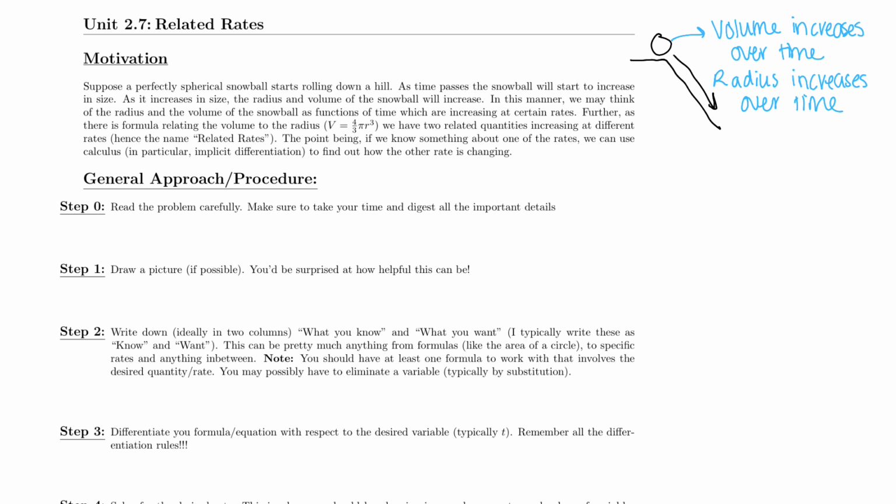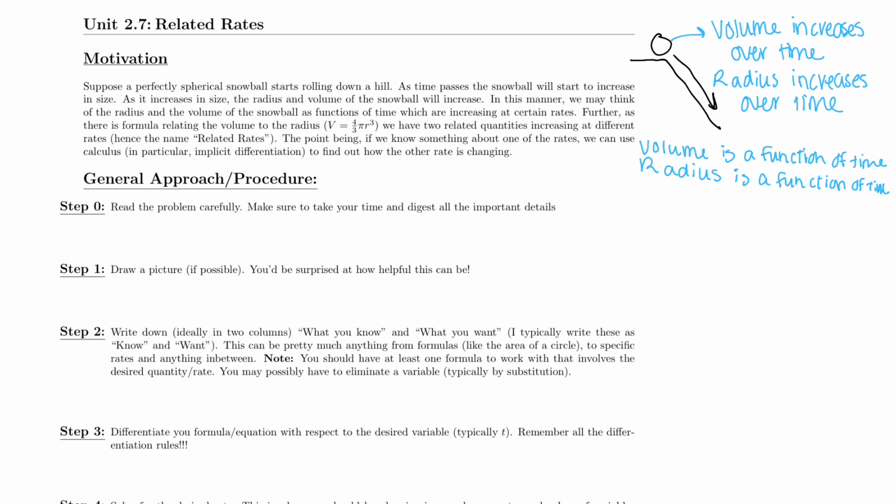So there's a few things here. Volume is a function of time because it changes as time goes forward. Radius is a function of time, the radius of the snowball, because as time goes on, the radius gets bigger. It's a function of time. That says time. Just use your imagination.